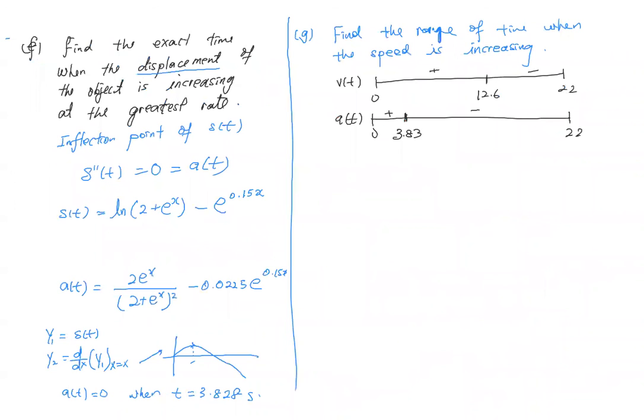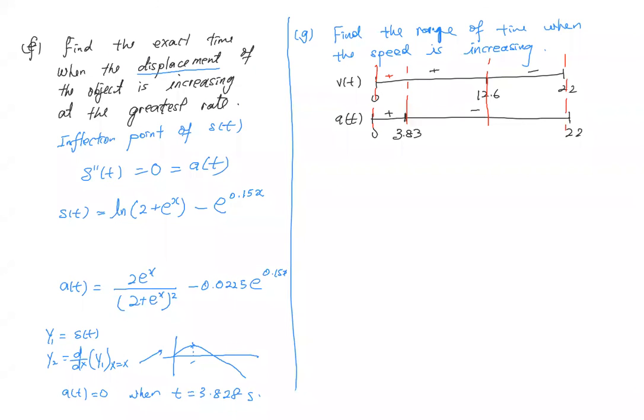Okay, so now, when is the speed increasing? When both VT and AT have the same sign. So that is something that you have to remember. So same sign here, this time. And another region is here. All right?